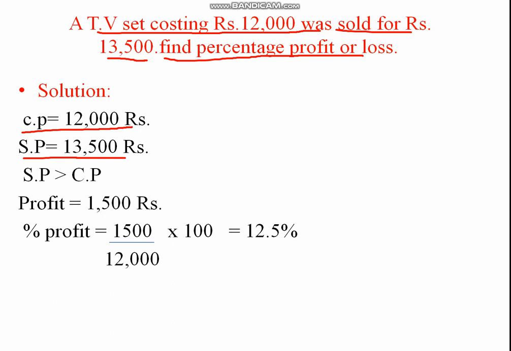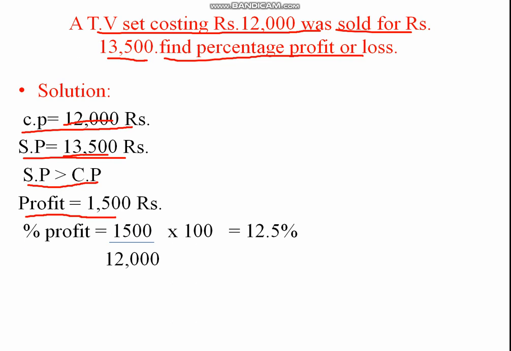Observe that selling price is greater than cost price. So here we get a profit in this transaction. Find out the profit: selling price minus cost price, that is 13,500 minus 12,000, we get a profit of 1,500 rupees.